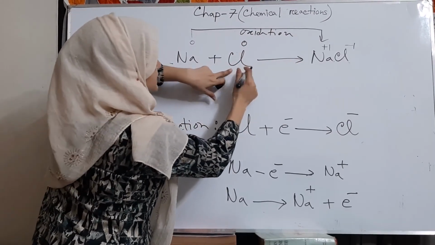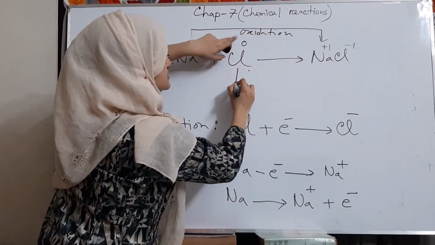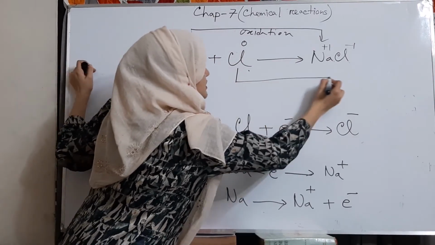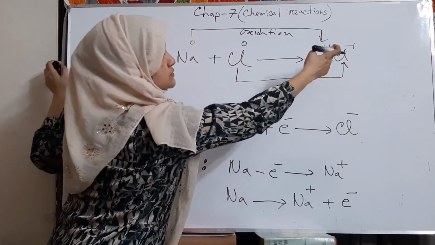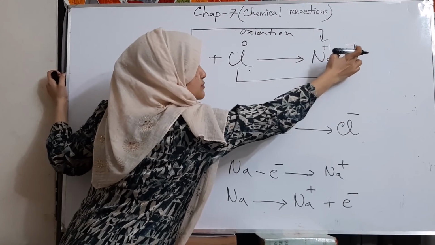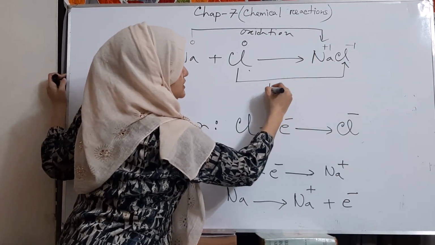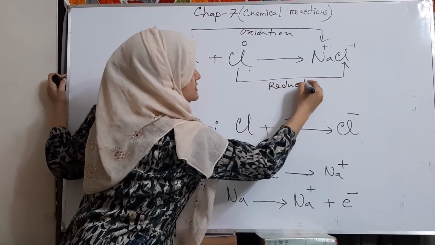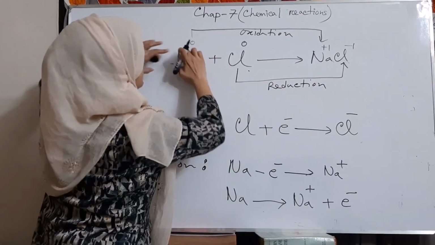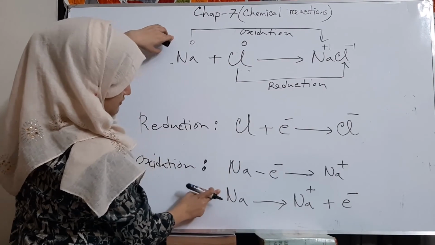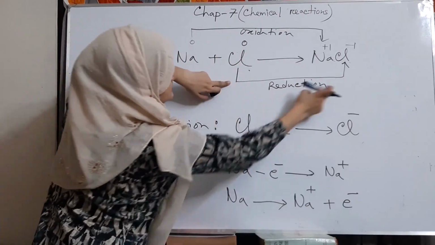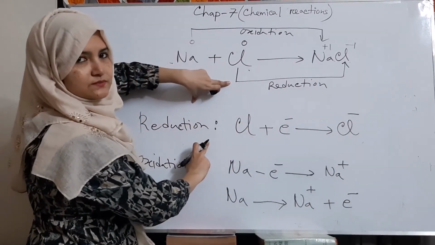And this chlorine with 0 charge turns into a chloride 1 minus ion by gaining an electron. That's why this process is known as the reduction process. This is the half oxidation reaction and this is the half reduction reaction.